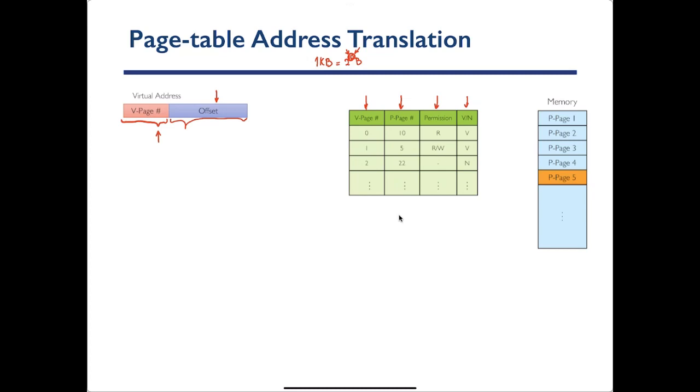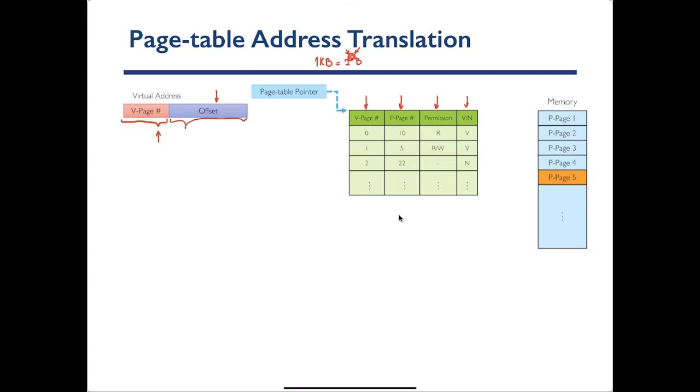Okay, so now let's go back to address translation. We're going to look at our virtual address, put the offset bits aside, then look at the virtual page number, go to this table. This table should reside somewhere in memory, right? And we probably want a pointer to this table.